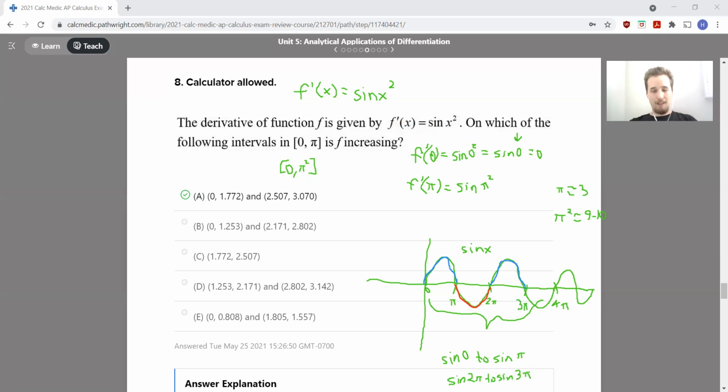But we have to remember that this is actually sine of x squared. So in other words, we're going to have to put x squared equals 0 for the left of the first interval, x squared is equal to pi. For the second interval, x squared is equal to 2 pi, and x squared is equal to 3 pi.